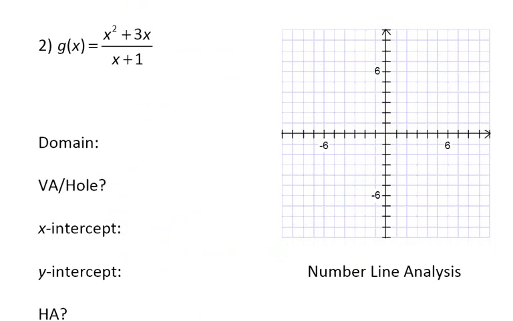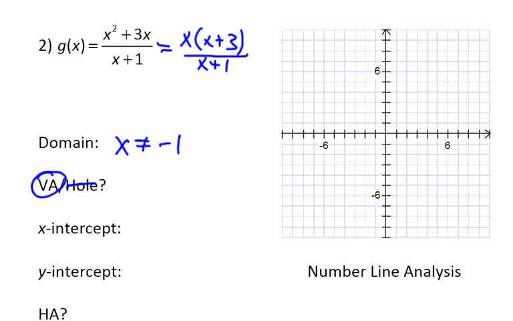For another example, we look at number 2. The first thing we need to do is factor, and then we'll identify the domain. X cannot be negative 1. This ends up being a vertical asymptote because nothing canceled. And then we have our intercepts governed by the numerator, which are going to be 2.